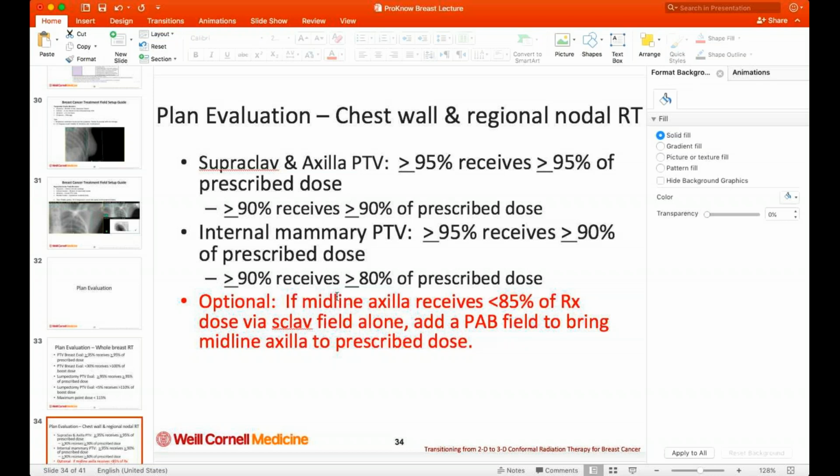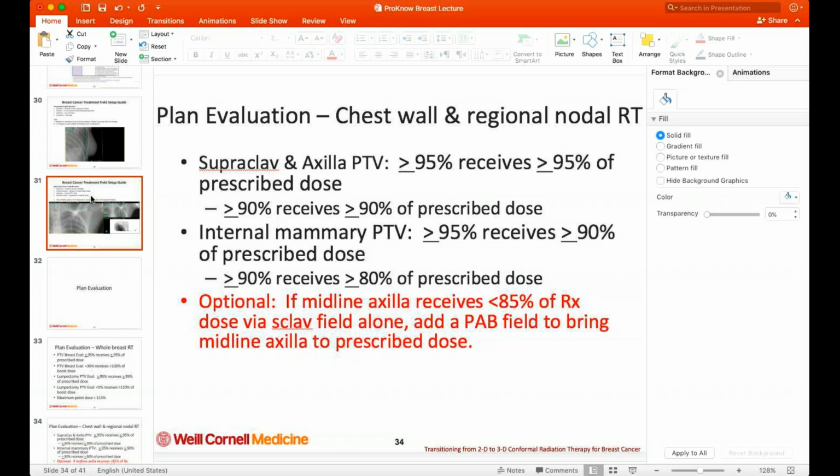So we talked about the supraclavicular field giving dose to the lymph nodes in that region. If your level 2 axillary lymph nodes are not getting enough dose, if you find that you're far below what the ideal dose to the structure would be, then you can employ a posterior axillary boost field to increase the dose to that region.